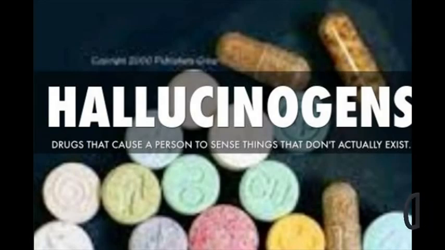Now, what is illusion in that case? Illusion is the distorted image of the object seen, and as a result of these hallucinogen drugs, the abuser cannot distinguish between a fact and a fantasy.